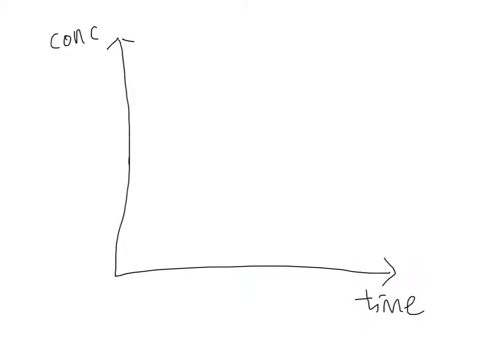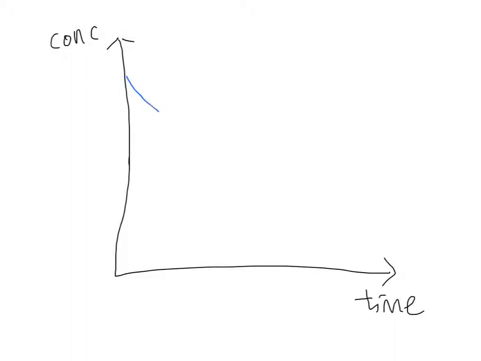Now I will be using this graph to demonstrate the changes of reactants and products when they start the reaction and after they reach equilibrium. Let's just start with reactants. Reactants will start off with a high concentration.